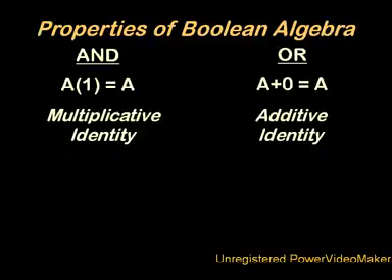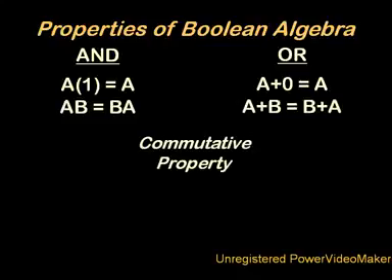There's a multiplicative identity and an additive identity. Well, duh. If you AND anything with 1, you get the same thing back. If you OR it with 0, you don't change it. Well, that's what an identity is all about. The commutative property works.